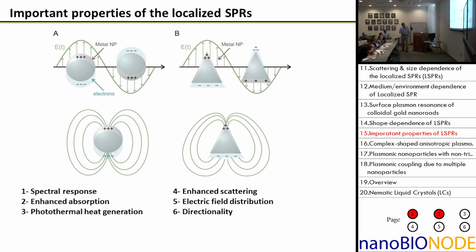And so in here you can see what happens with electric field around just because of this delocalization of electron clouds, right? So if you separate charges, you then have the field line distributions that are dependent on the types of particles that you have as well, for example, as you go from spheres to triangular prisms. And also directionality in the response.